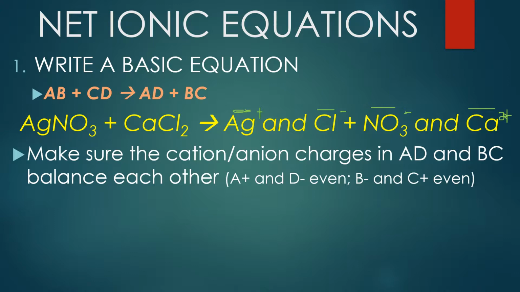So when we're writing these, the cation that is 2 plus, we're pairing it with chlorine.